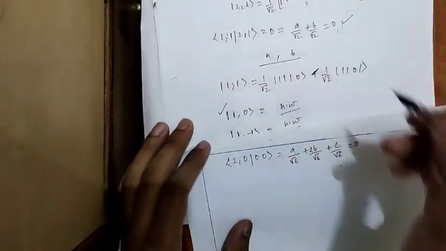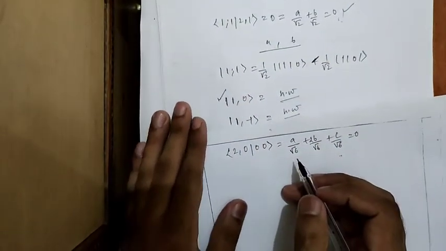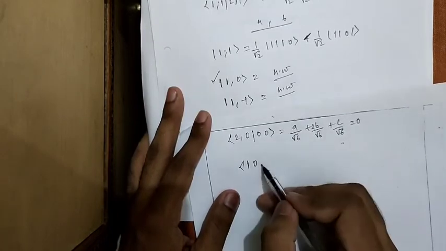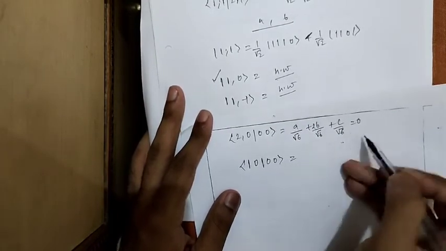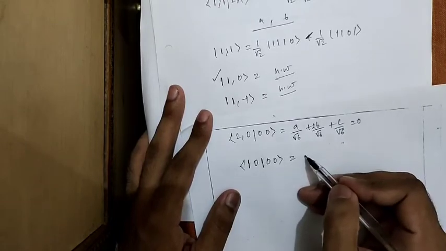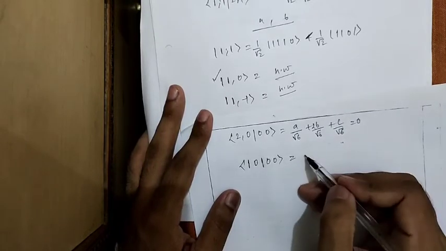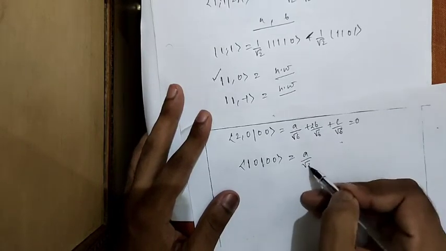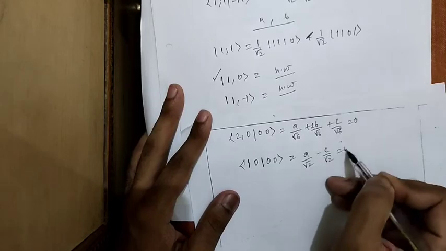And when you find this value of 1 0 and take one more eigenket with 0 0, because we need one more equation to find these values, it will be very helpful to have one more equation: 1 by root 2 minus c by root 2 equals 0.